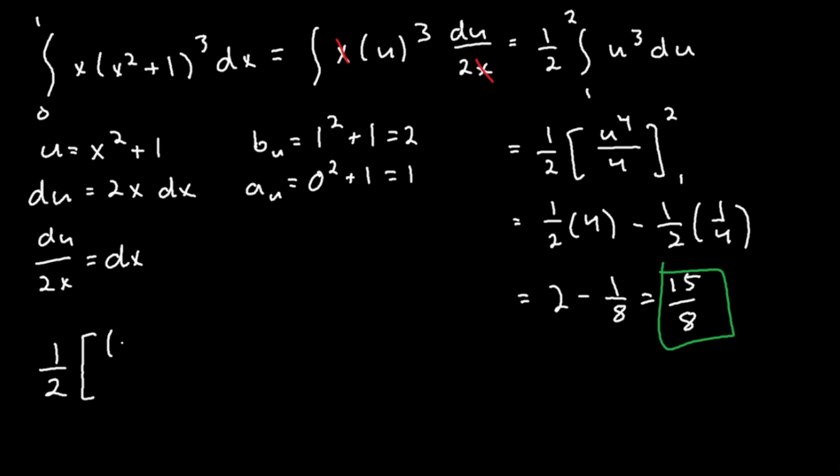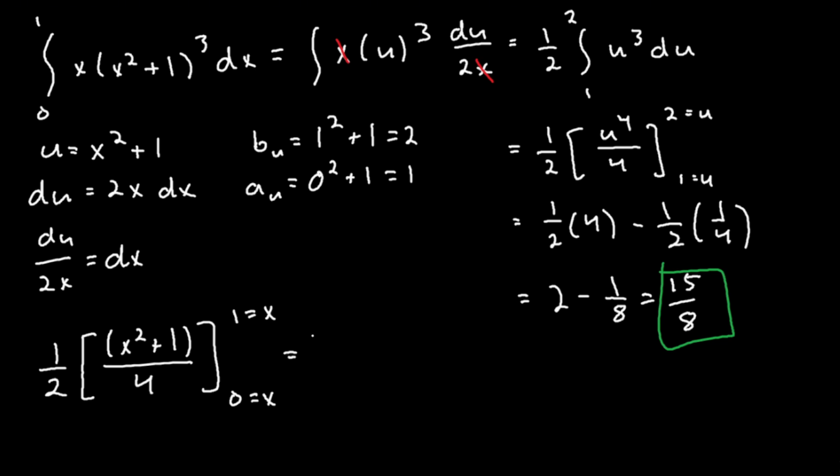So we'll replace u with x squared plus 1 to the power of 4 over 4. And instead of using the new bounds 2 and 1, these bounds are in terms of u, by the way. In terms of u, you want to use the older bounds 1 and 0. So if you turn everything back in terms of x, then you can use 1 and 0. But if you turn everything in terms of u, you have to use 2 and 1, or the new bounds that you calculated by plugging in the numbers into this equation.